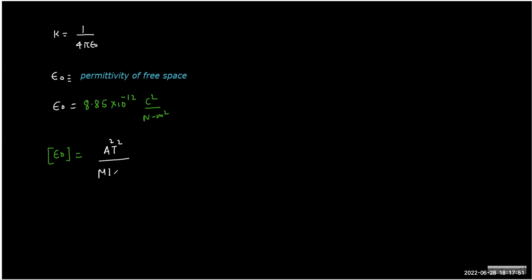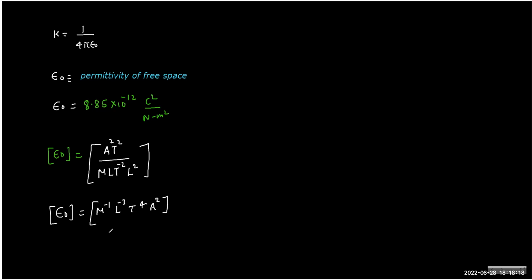Newton is mass into acceleration. Acceleration is L T minus 2, meter per second square, and meter square is L square, and that as a whole will become the dimensional formula of epsilon naught. It turns out to be M minus 1 L minus 3 T power 4 A square.